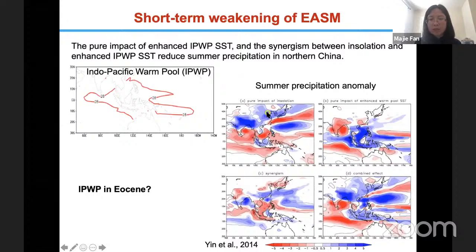Their climate simulation shows that with the impact of the enhanced warm pool and also the synergies with solar insolation, in our study area in Eastern China, the monsoon precipitation is reduced and it becomes drier, okay? So that explains the Holocene drying events. But we are not sure if the Indo-Pacific warm pool even existed in the Eocene, given the paleogeography was significantly different compared to today. So I will leave this as a discussion point if people have something to contribute.